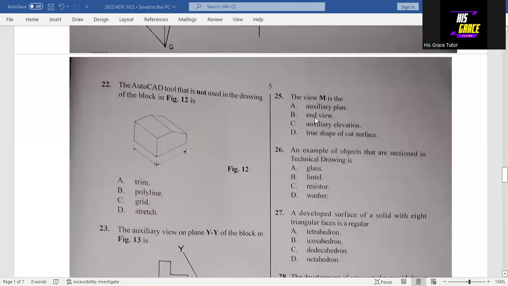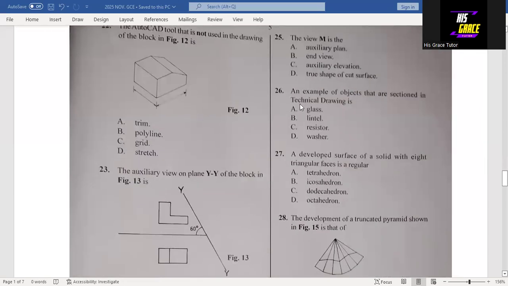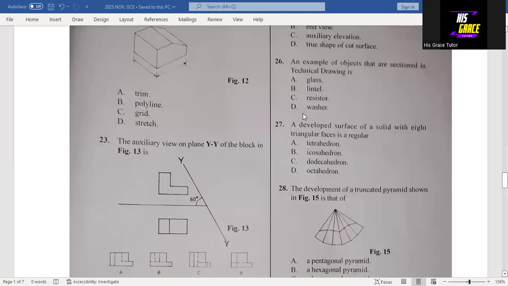For question 25, the answer is option A. Then question 26, an example of objects that are sectioned in technical drawing is a lintel. So lintel is sectioned in technical drawing. That's option B, the answer to question 26.